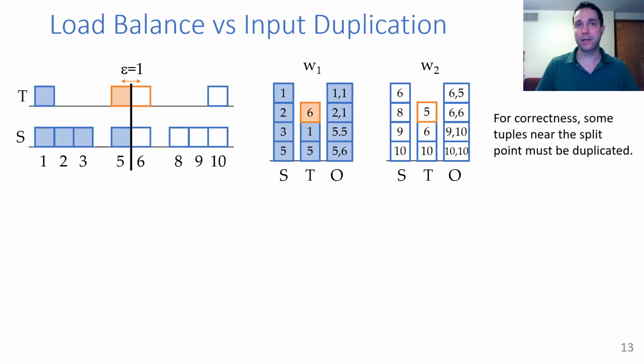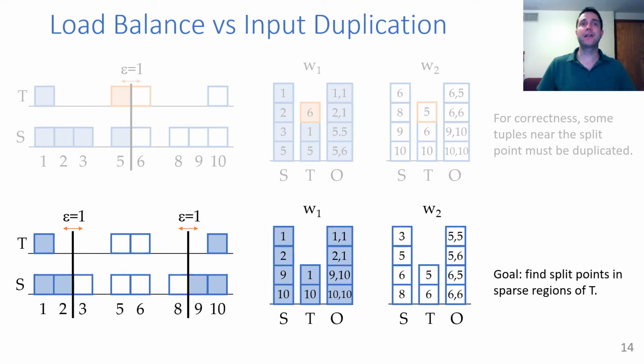And now we get a correct output, and we still have a nice distributed computation and only a small input duplication overhead. Can we actually do better than that? All right, so if you look carefully, it turns out if we split at the right places here between 2 and 3 and between 8 and 9, we still can get a perfectly balanced load, but now actually with a lower per worker load, because we do not have to duplicate any input tuples.